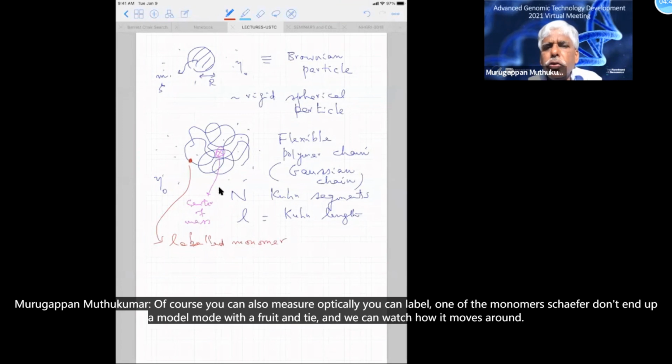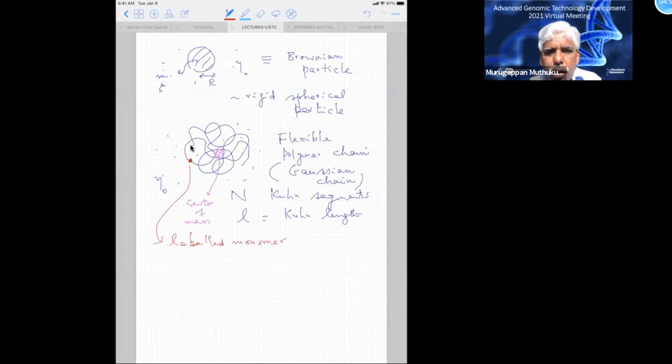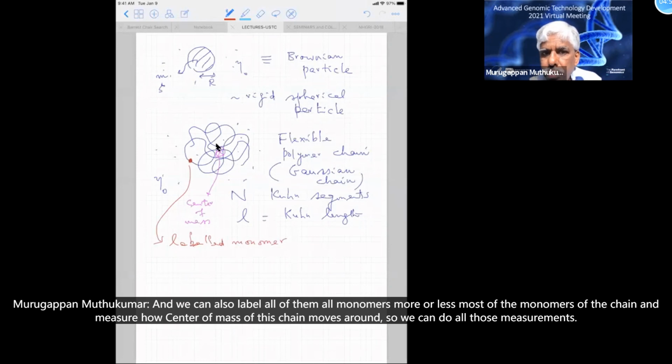Of course, you can also measure optically. You could label one of the monomers, say the end of a chain, with a fluorescent tag, and watch how it moves around. We can also label most of the monomers of the chain, and measure how the center of mass of this chain moves around. So we can do all those measurements.